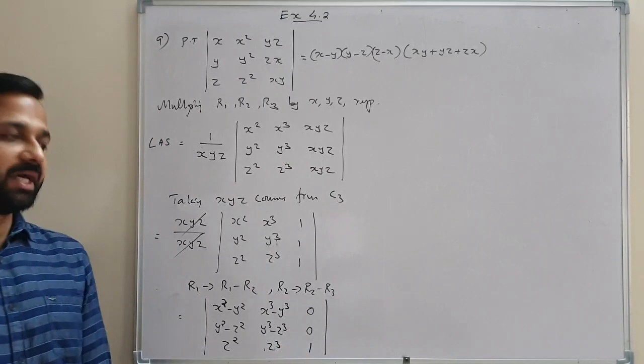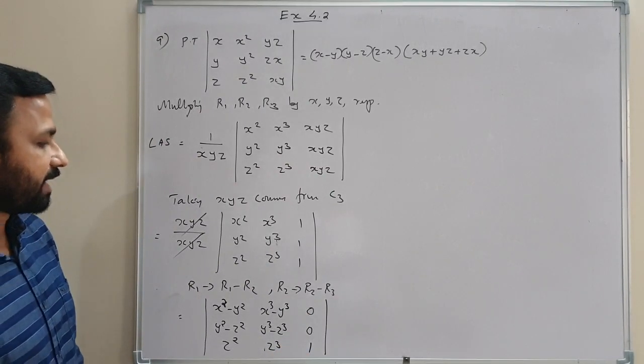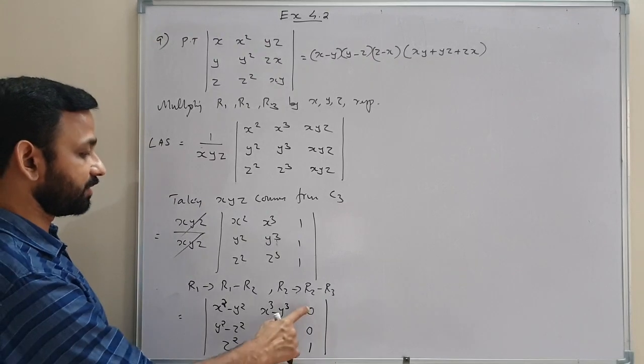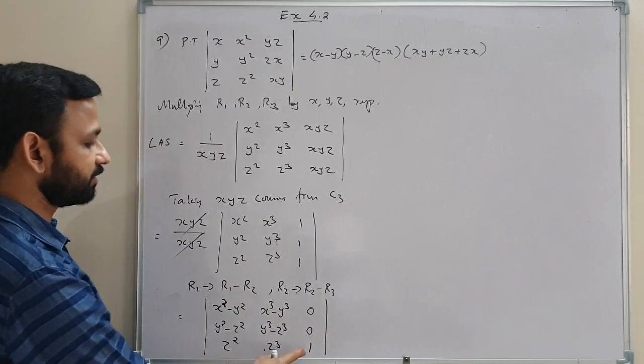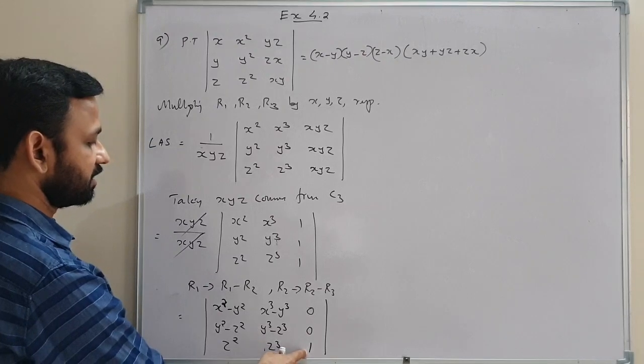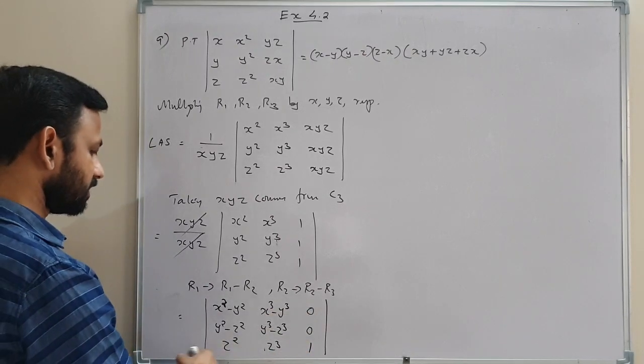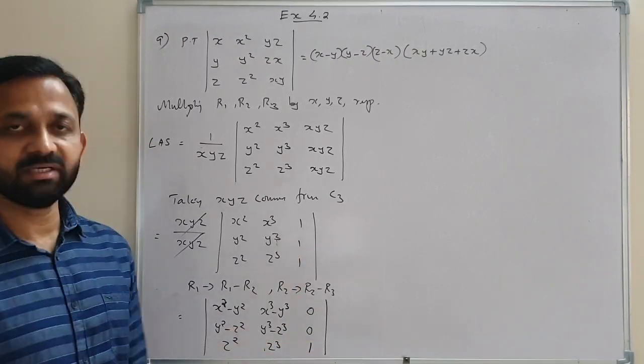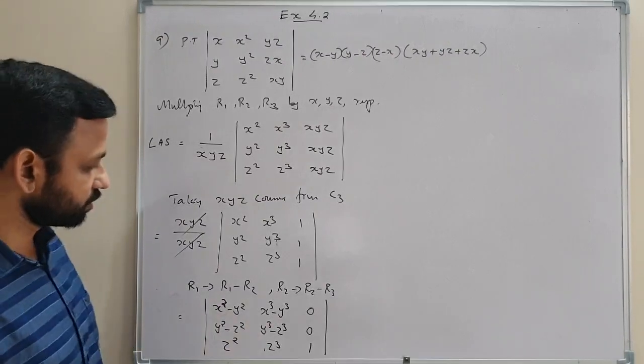Now we can easily reduce it to a 2 by 2 determinant. Because we have two zeros in the third column, by using the third column we can reduce it into 2 by 2.